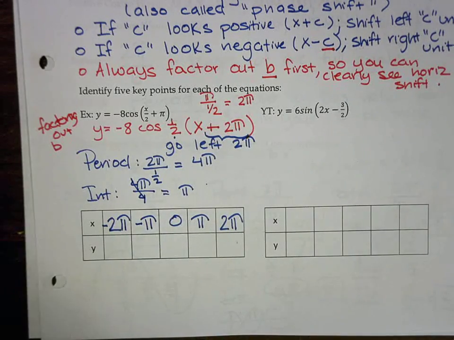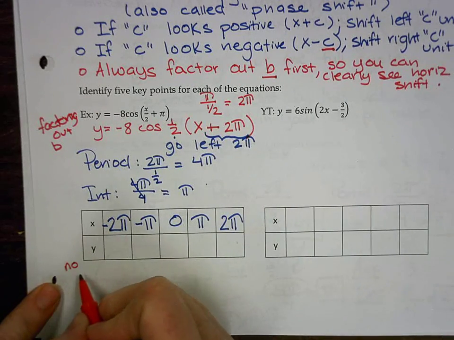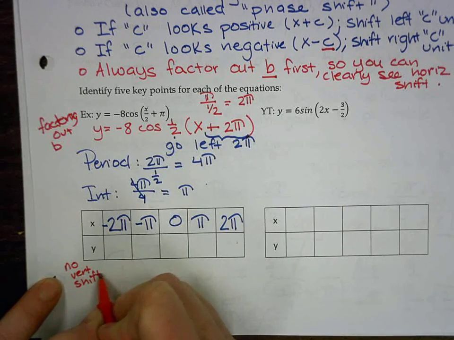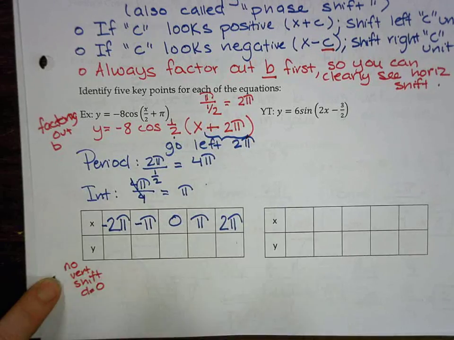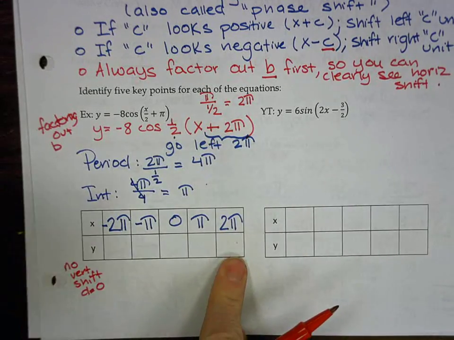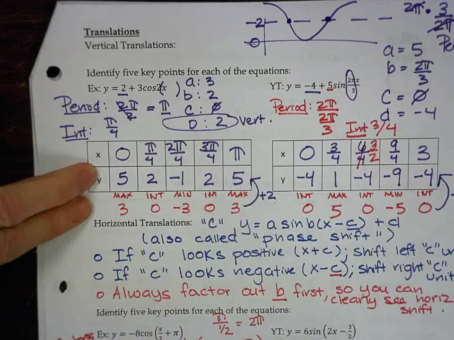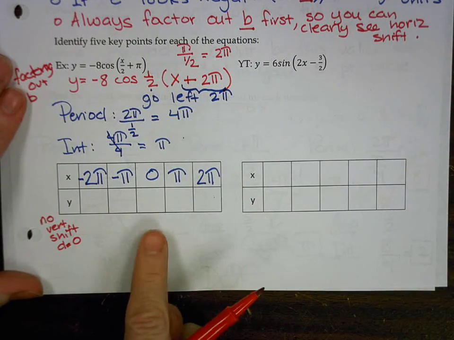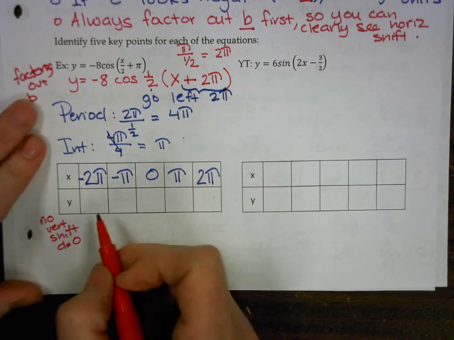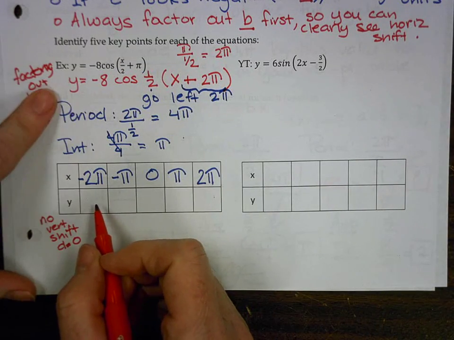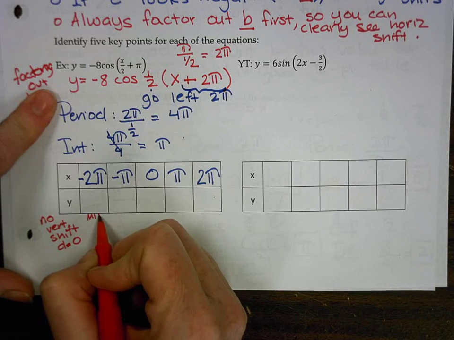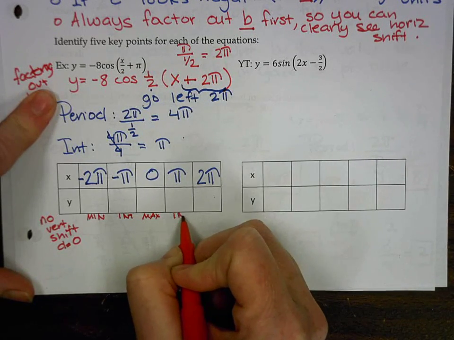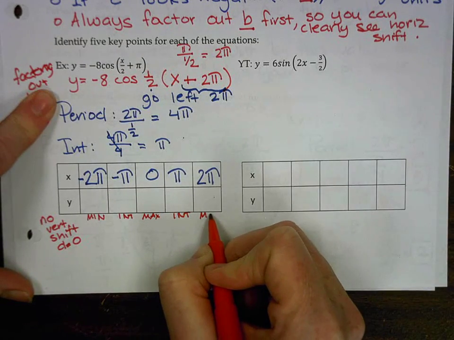Okay. Now, I have no vertical shift because D equals 0. So I don't have to worry about the vertical shift like we did up here. Sometimes you're going to get problems where you have both, but right now you're doing the horizontal shift. So I have a negative cosine. So I start at the minimum, and I go to the intercept, and then to the max, then to the intercept, and to the minimum.